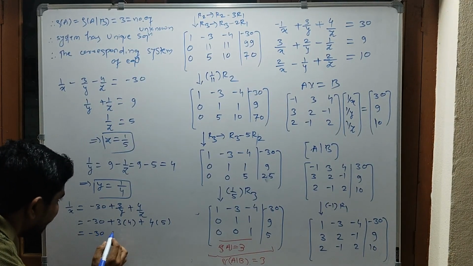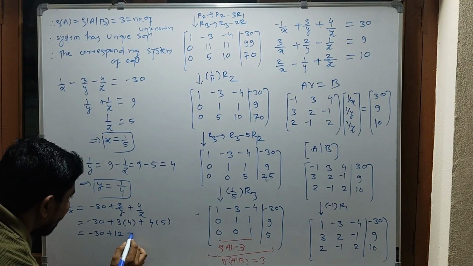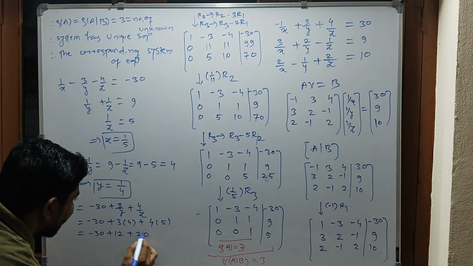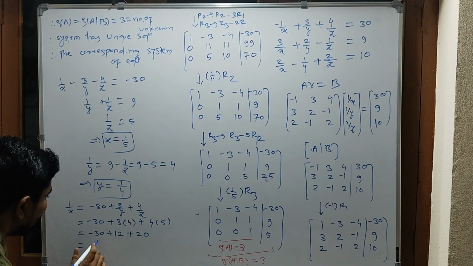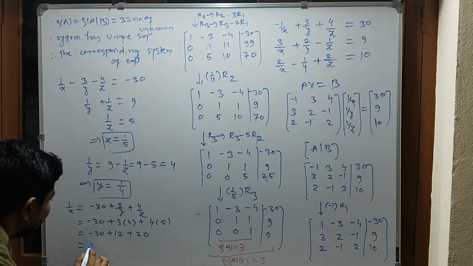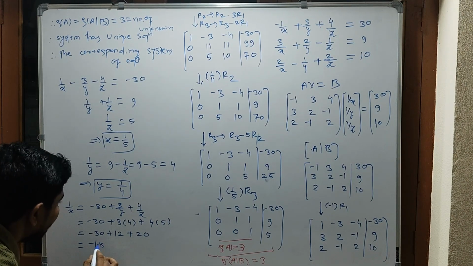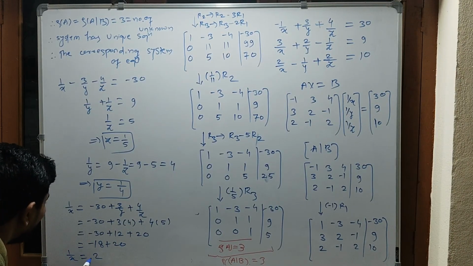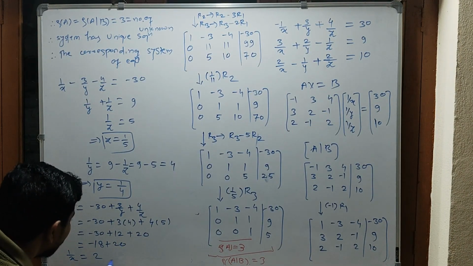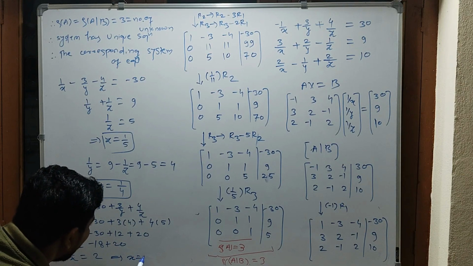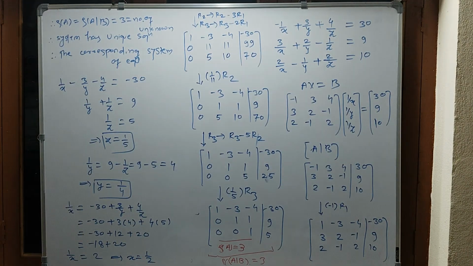Minus 30 plus 12 plus 20, which is equal to 2. Here 1 by x equal to 2. This implies x equal to 1 by 2.